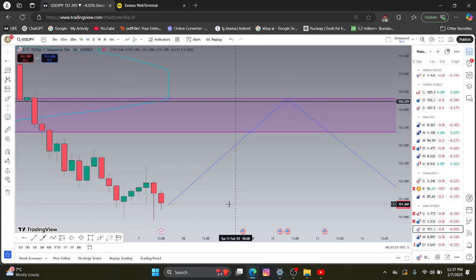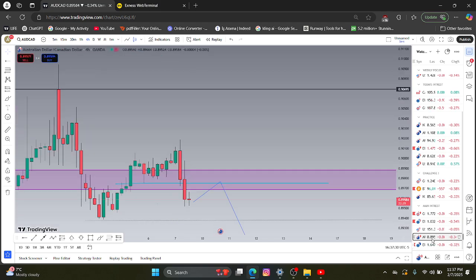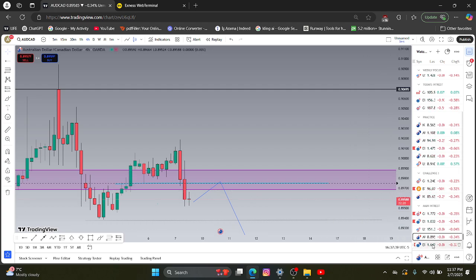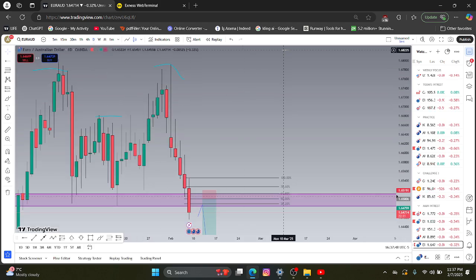You can also set another. I'm pretty sure I'll be looking at those. This is for the time frame, and one here as well. Also, I've already added one there, so I've added all my alerts in all these pairs. I'm interested in taking. You can see we have one there.